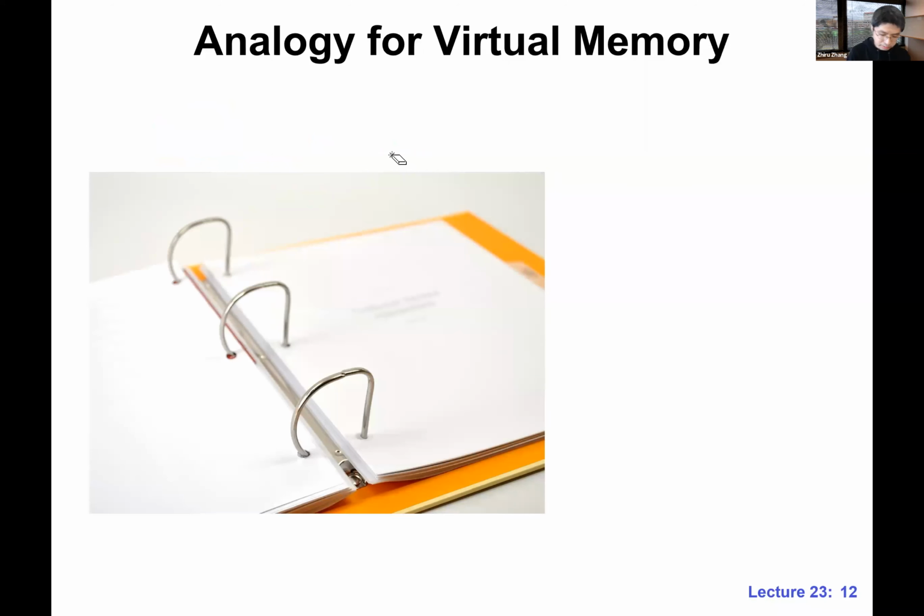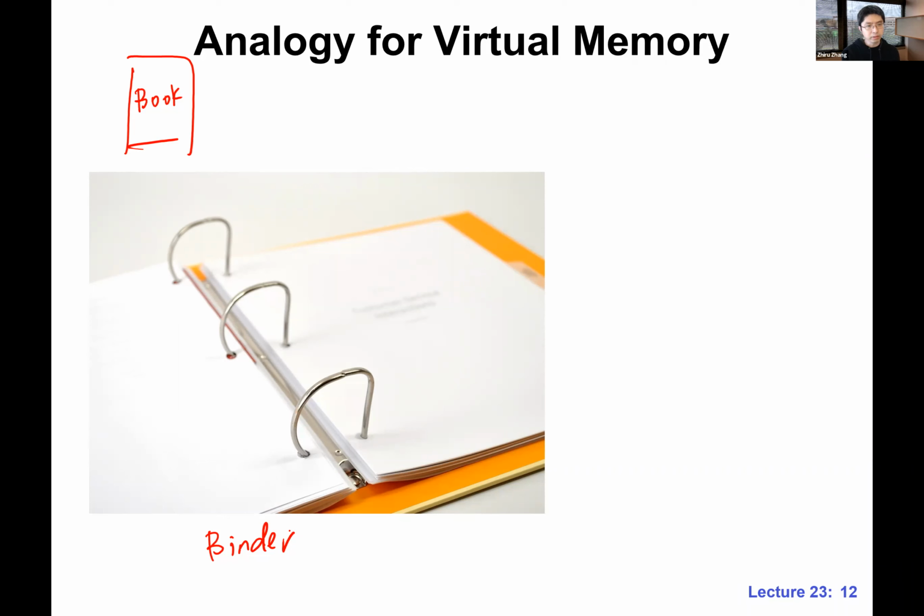Okay, we talk about the book. We have a book, and this is a ring binder. These days, of course, everything's getting virtualized. The binder can also be virtualized with an app. And which one is the virtual memory space?